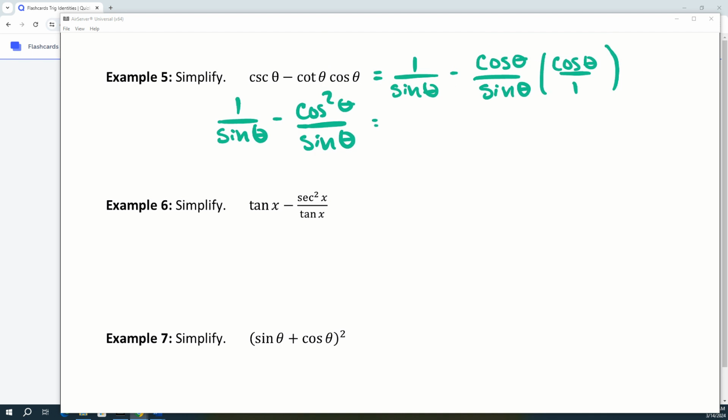And so whenever you're adding or subtracting fractions, once you have a common denominator, you can make one big fraction and put the common denominator as your denominator, and then just add or subtract the numerator.